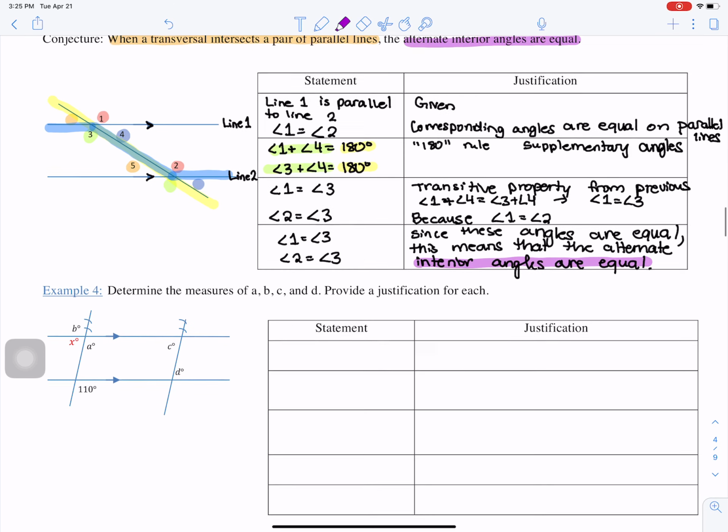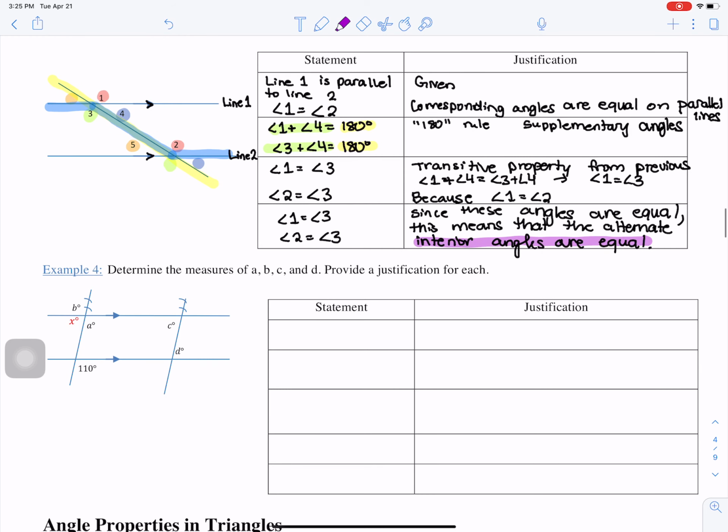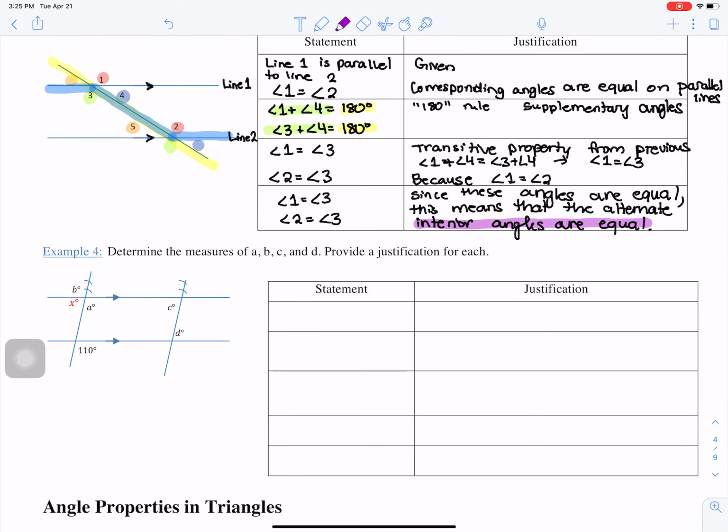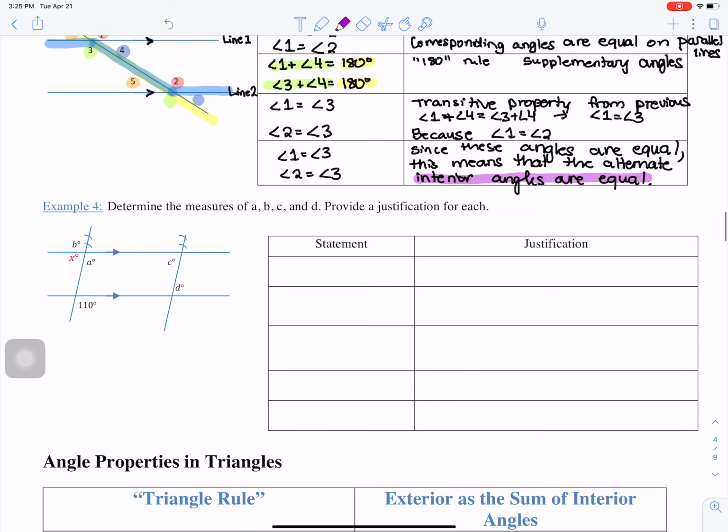Okay. Now in the next example, there's variables involved, but there's also numbers I've given. So we just need to provide a justification, which is going to be presented in the proof-like format. So let's look at this. One key information I'm given is that I've drawn line 1 and line 2 to be parallel to one another. They've indicated that with those little arrows on the line.